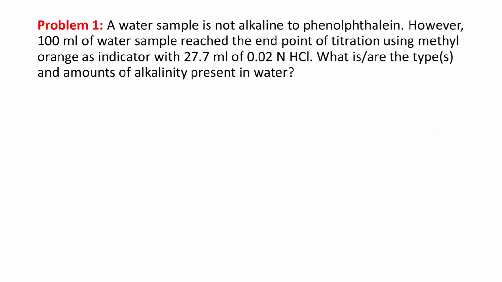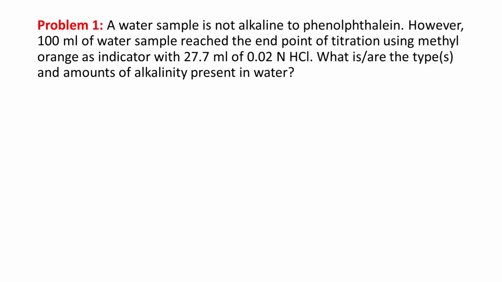Problem: a water sample is not alkaline to phenolphthalein. However, 100 ml of water sample reached the end point of titration using methyl orange as indicator with 27.7 ml of 0.02 normal HCl.